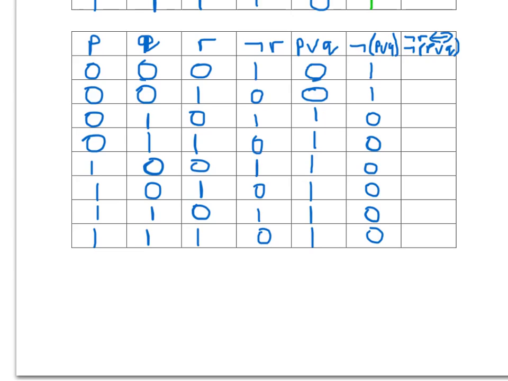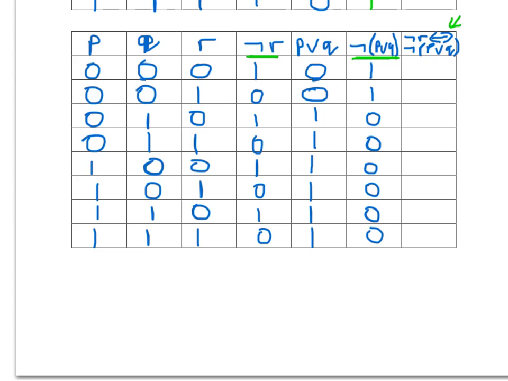Now let me change colour again for the final column. What we want to do is take the not R column, which is this one here, and combine it with the not (P or Q) column here, using this symbol here, which is the if and only if symbol. Now recall again, to generate this truth table, if and only if is false for 1, 0 and 0, 1.